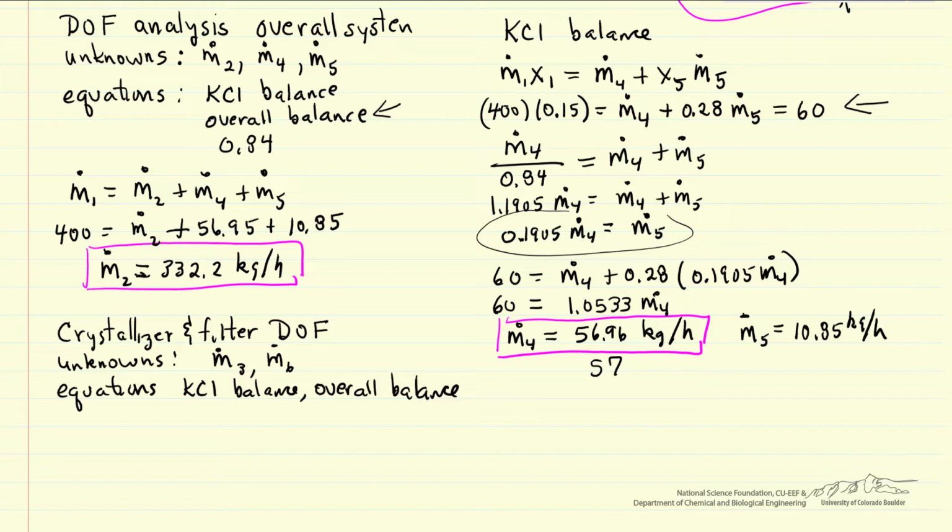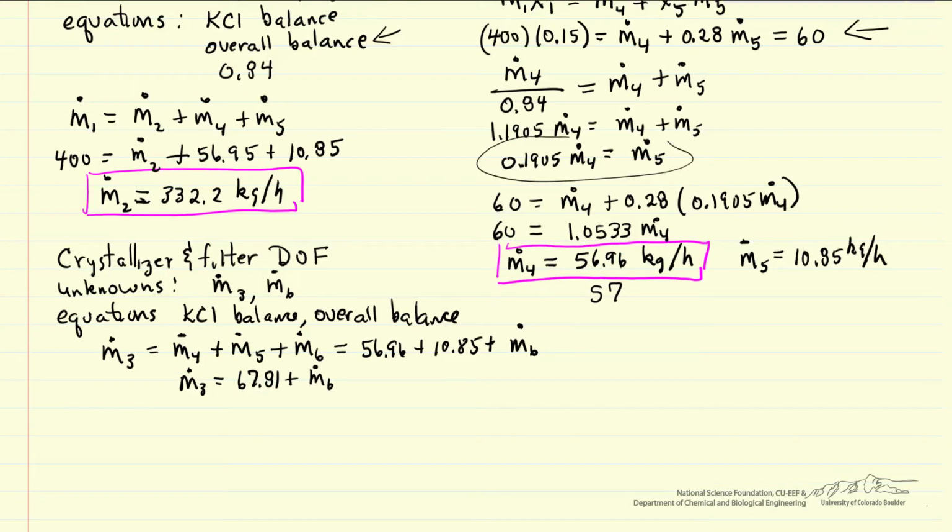So let's look at the overall balance, and that is that M3 dot, that's what's entering, equals the crystals plus the solution that's mixed with the crystals plus the recycle stream, and we've just calculated this is 56.96 and this is 10.85, and so M6 dot is our unknown. So we have a relation between M3 and M6.